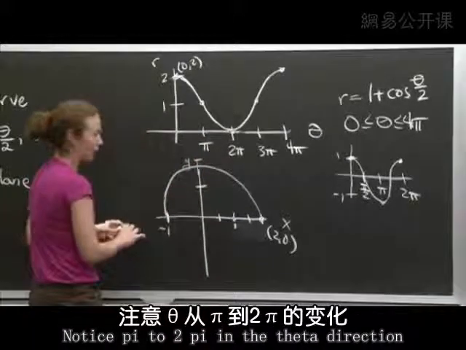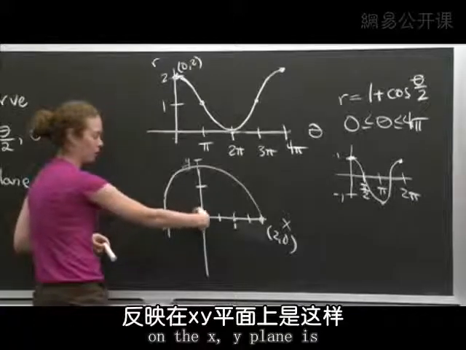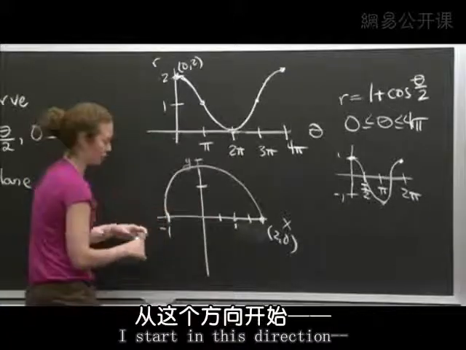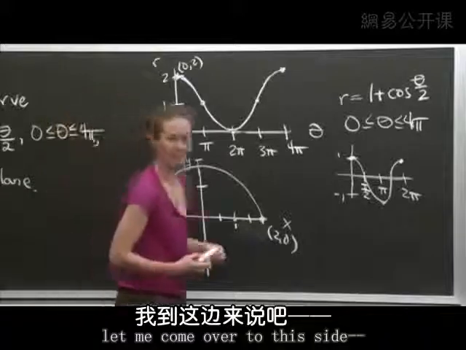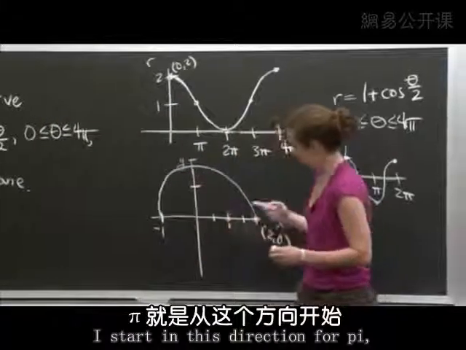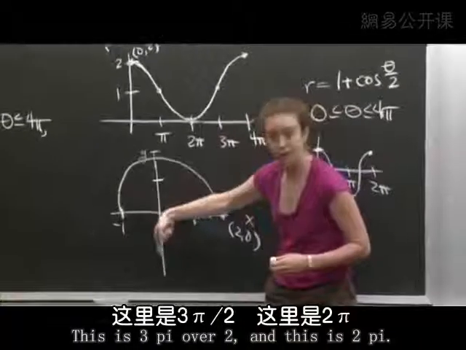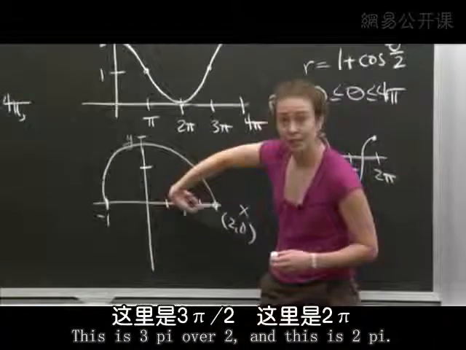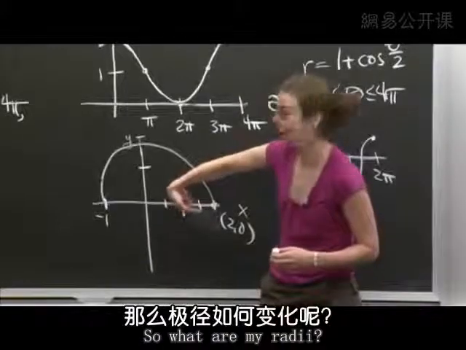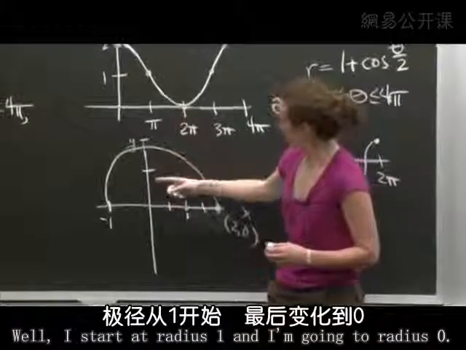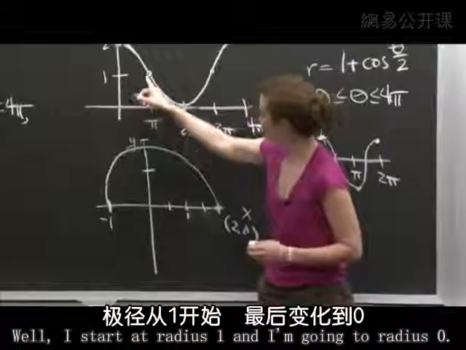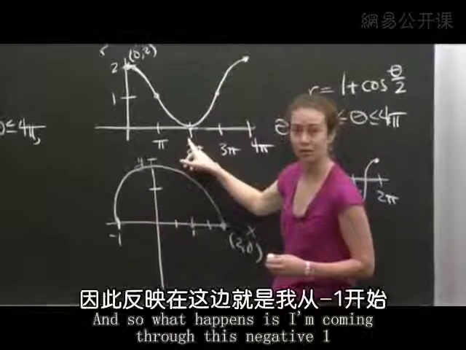Notice pi to 2 pi in the theta direction on the xy plane is, I start in this direction. I don't know if you can see that. Let me come over this side. I start in this direction for pi, and I'm going to rotate down. This is 3 pi over 2, and this is 2 pi. Those are my angles. So what are my radii? Well, I start at radius 1, and I'm going to radius 0.